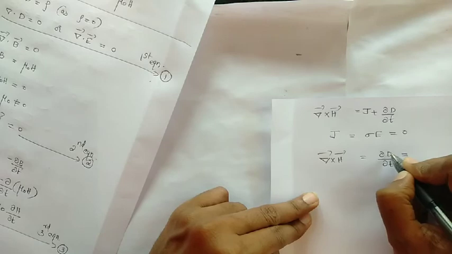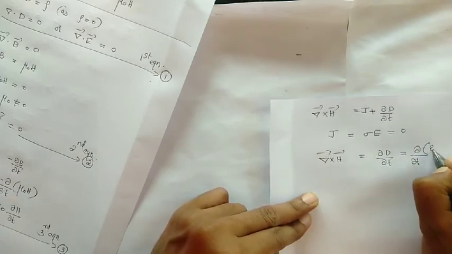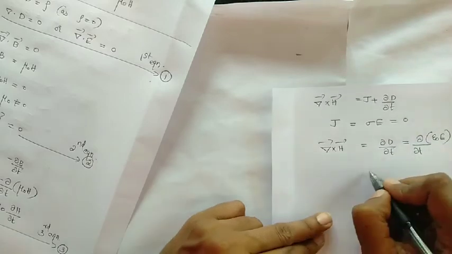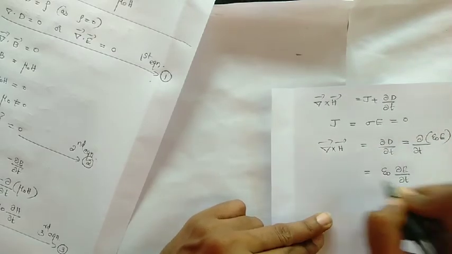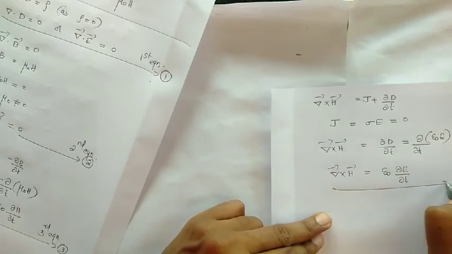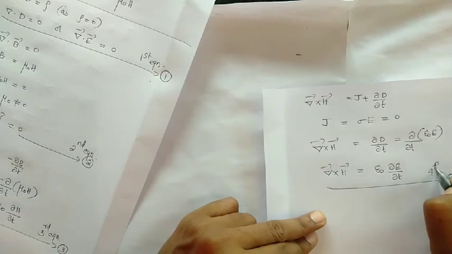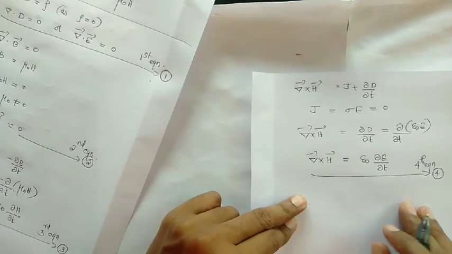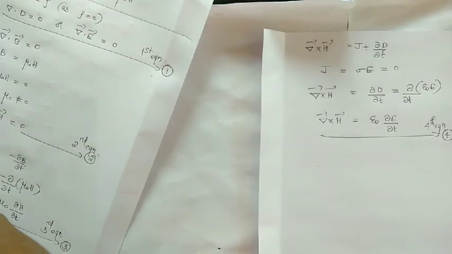But D was given as epsilon 0 into E. Therefore, it is dou by dou t of epsilon 0 into E, which equals epsilon 0 into dou E by dou t. Left side is del cross H. This is Maxwell's fourth equation in free space. So this is one of the important topics.